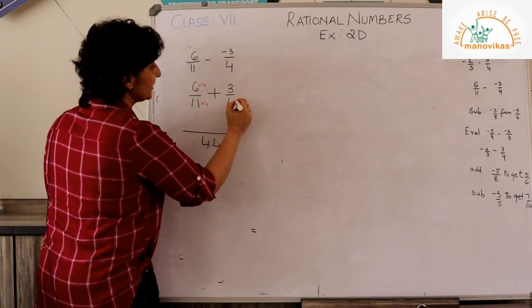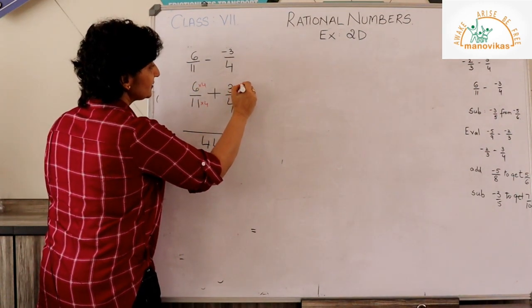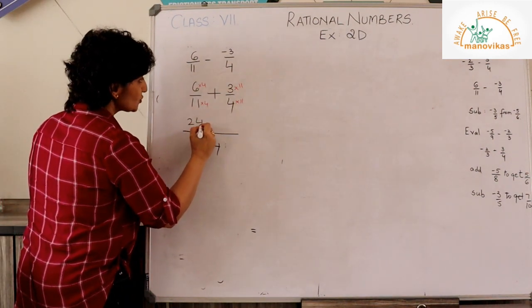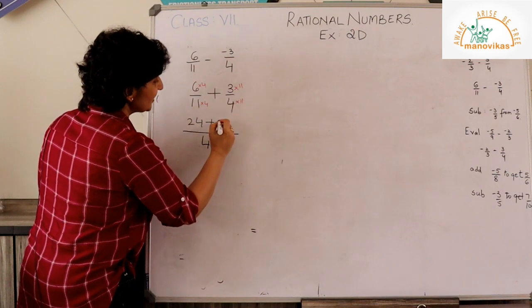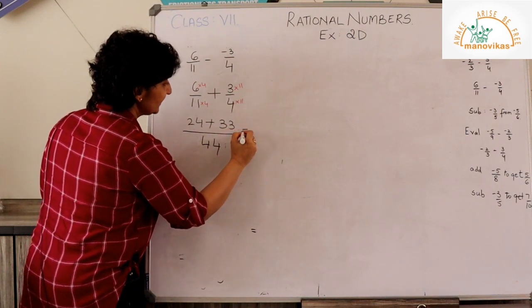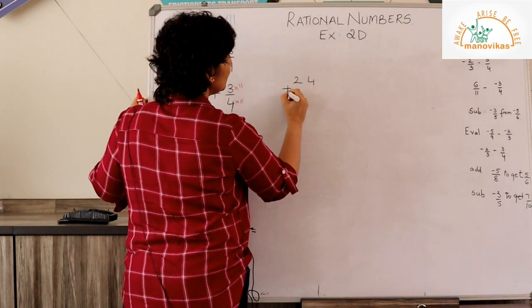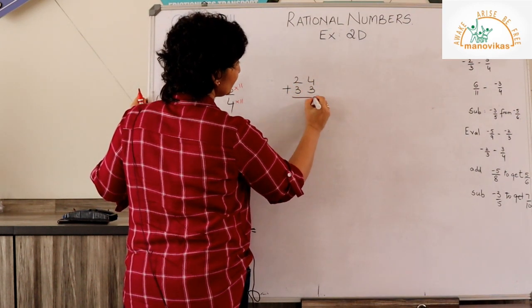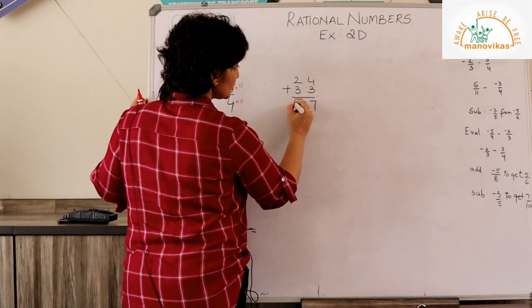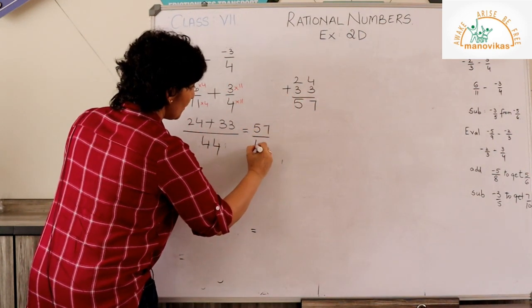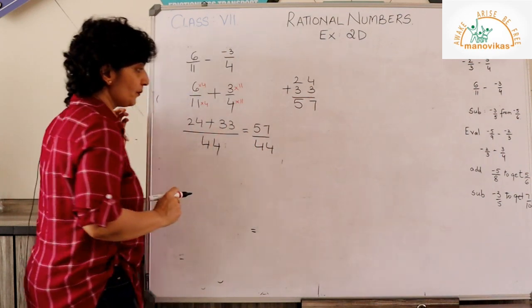4 goes how many times? 11 times. So 6 4s are 24 plus 3 11s are 33. So let me add 24 plus 33. 4 plus 3 is 7, 2 plus 3 is 5. I get 57 upon 44.